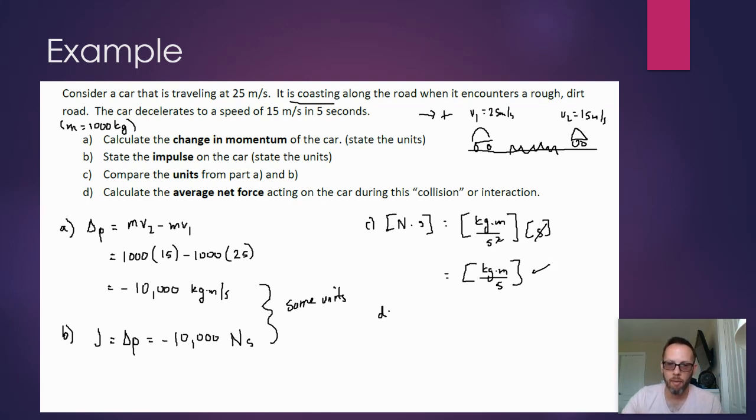Now we can use the momentum impulse theorem, because impulse is force times time, and rearranging that, F equals J over delta t, which is minus 10,000 over the 5 seconds it took.